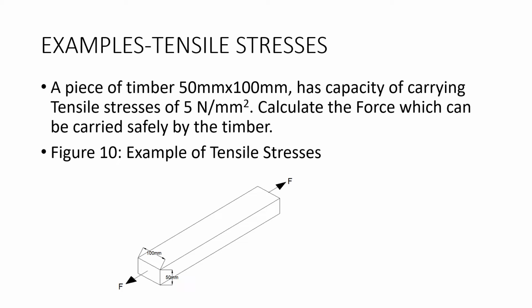Here is another example of tensile stresses. A piece of timber, 50 millimeters by 50 millimeters, has the capacity of carrying tensile stress of 5 Newton per meter squared. Calculate the force which can be carried safely by the timber. Figure 10 gives an example of tensile forces on a piece of timber, which is 100 by 50 millimeters.